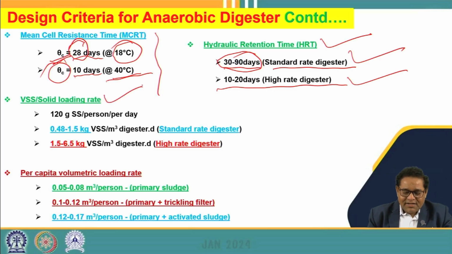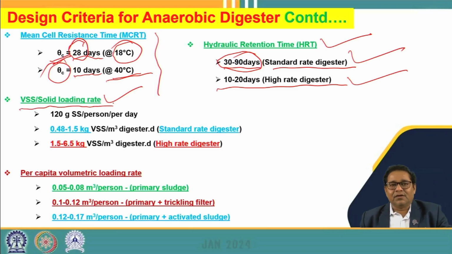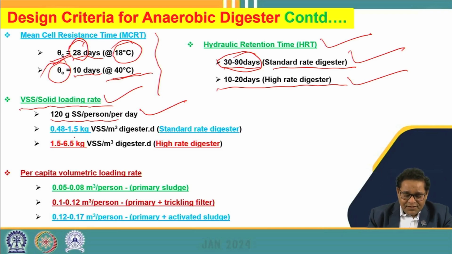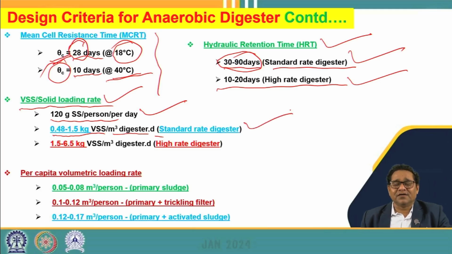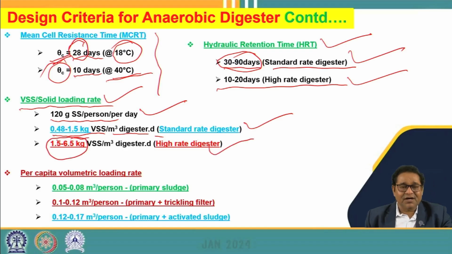Then another very important criterion is called the volatile solid loading rate, or solid loading rate. For this we assume 120 gram of suspended solids will be contributed per person per day. In that, 0.48 to 1.5 kg of VSS per meter cube of digester per day can be adopted for a standard rate digester, whereas the VSS loading rate for a high rate digester is comparatively high, that is 1.5 to 6.5 kg of VSS per meter cube of digester per day.